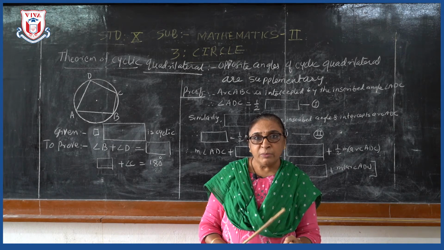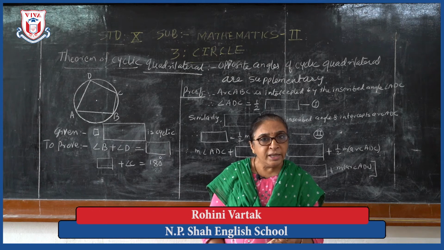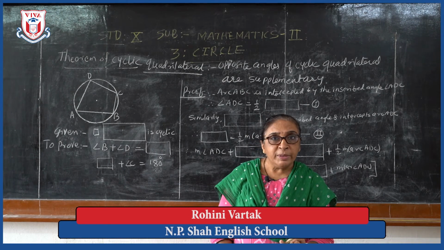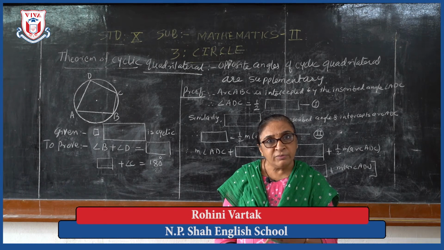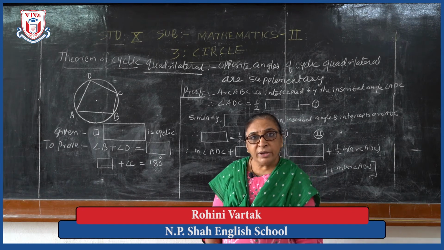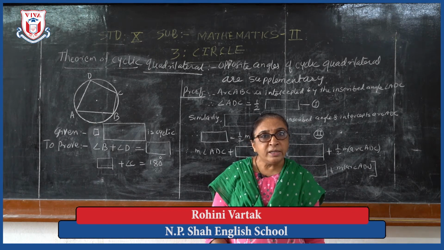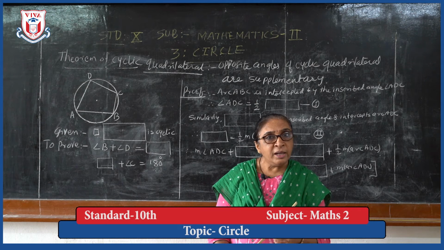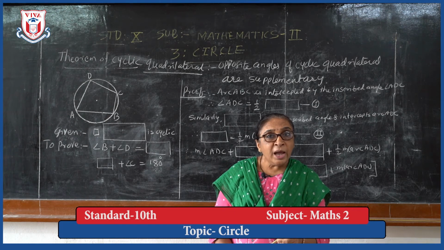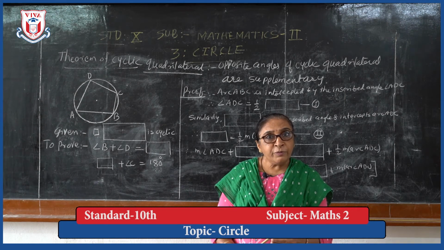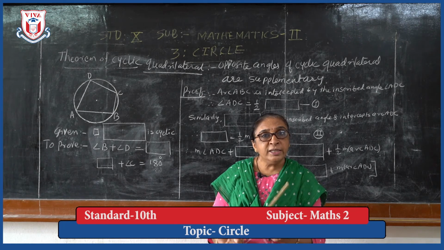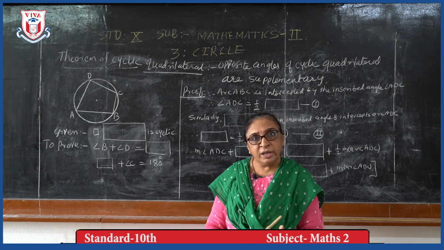Complementary means the sum of the 2 angles is 90 degrees, and supplementary means the sum of the 2 angles is 180 degrees. So here we are going to prove the opposite angles of a cyclic quadrilateral are supplementary, and this can be proved by using the inscribed angle theorem.